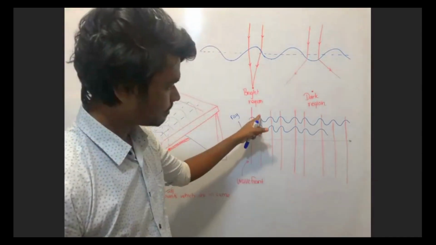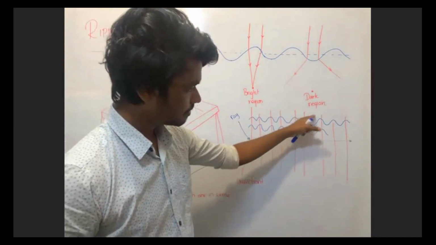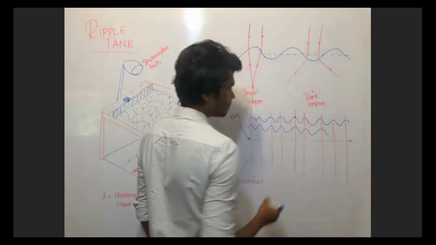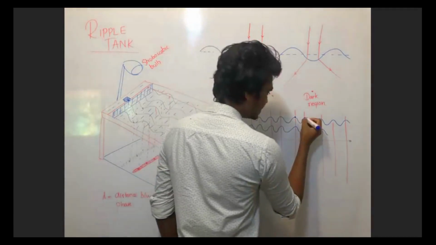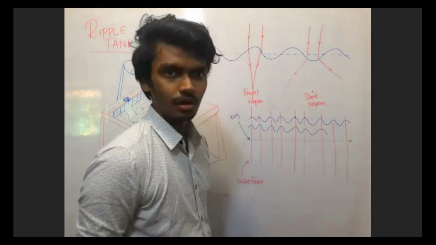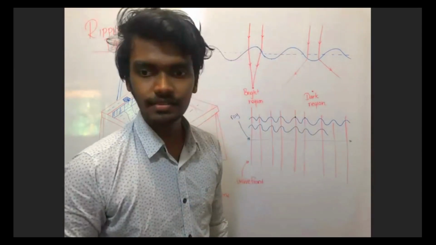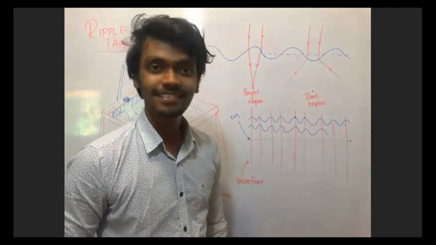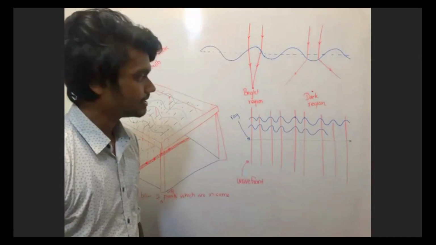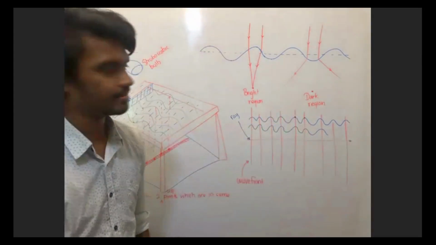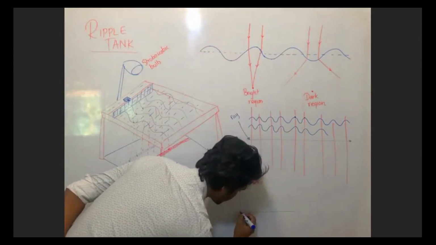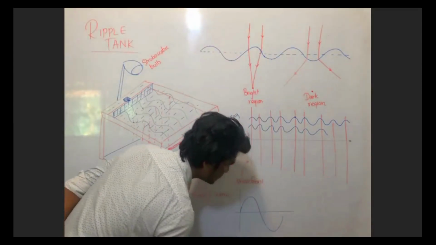So this is the water wave. This is one point. This is another point. These two points are in the same phase, right? Both are definitely in the same phase. So how do I demonstrate that?